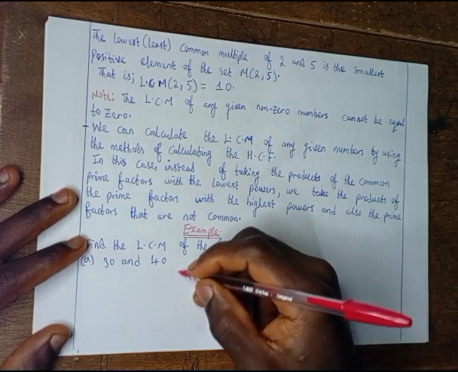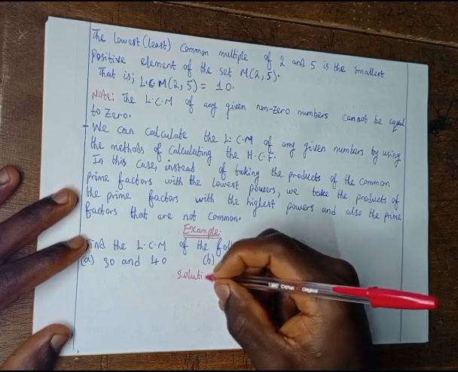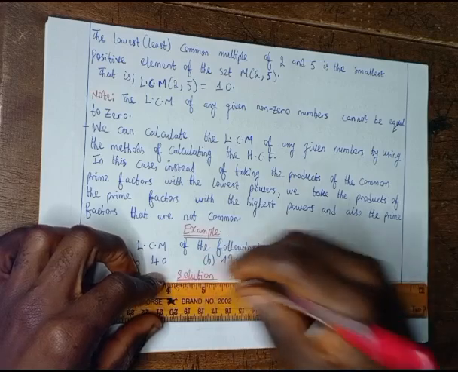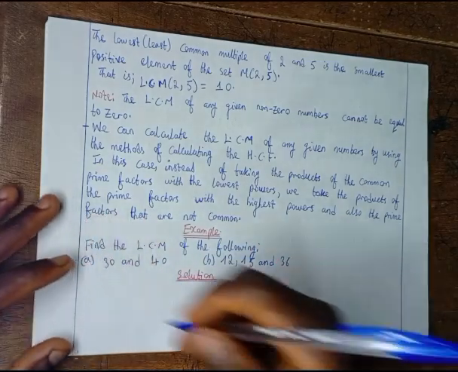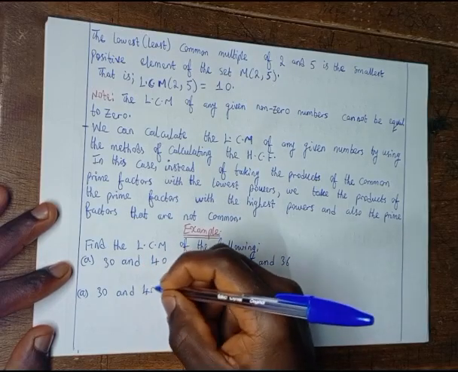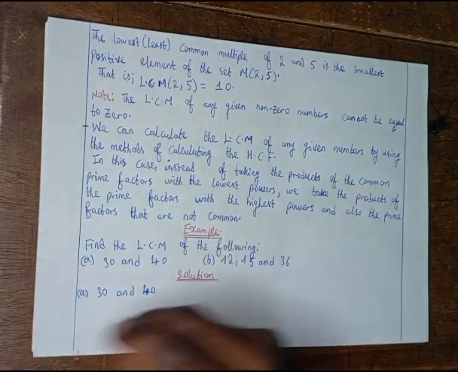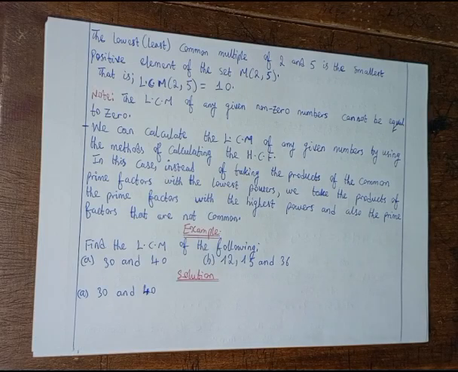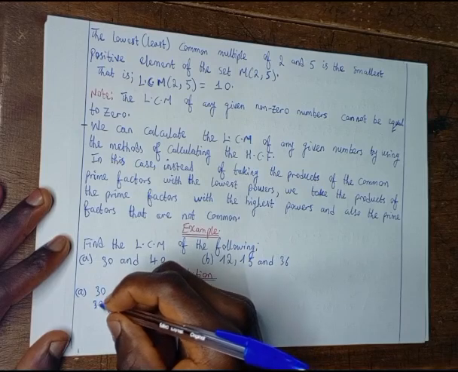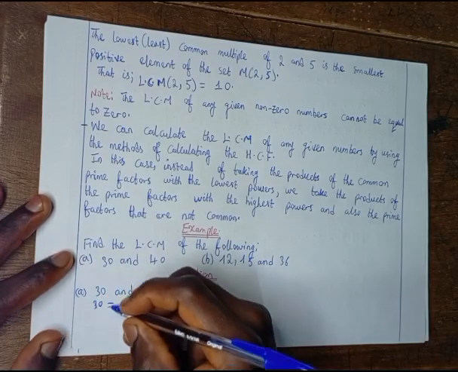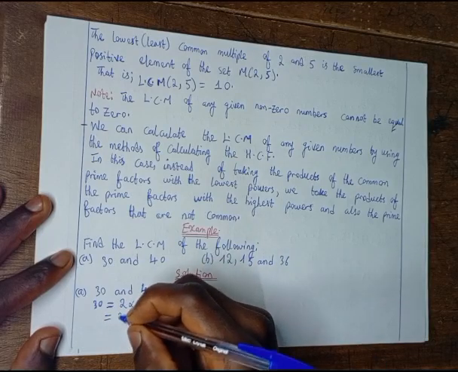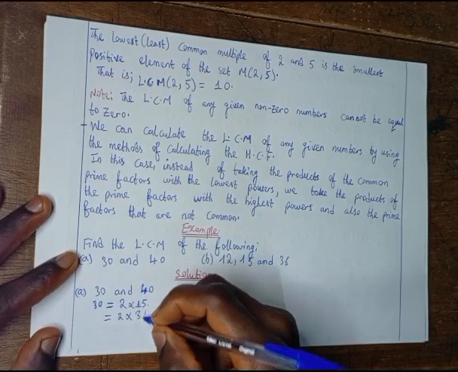We take down the solution. For question A, we have 30 and 40. We are going to make use of the method of prime factorization. First, let's prime factorize the number 30. Now 30 is the same as 2 times 15, which is equal to 2 times, we know 15 is the same as 3 times 5.